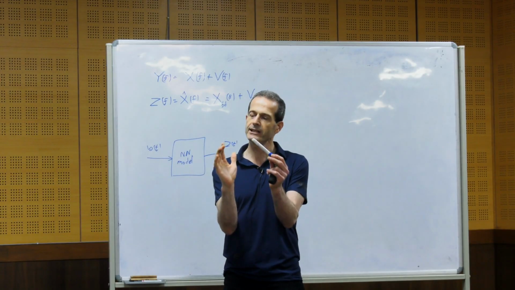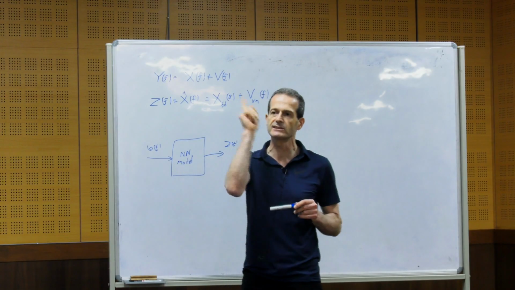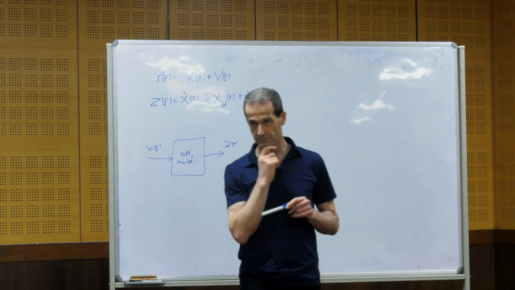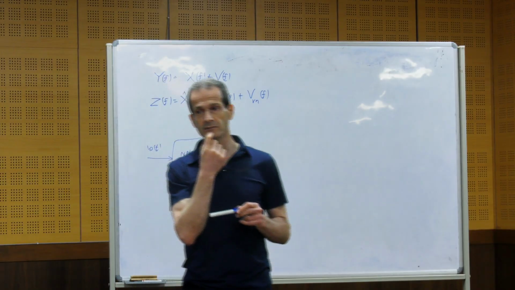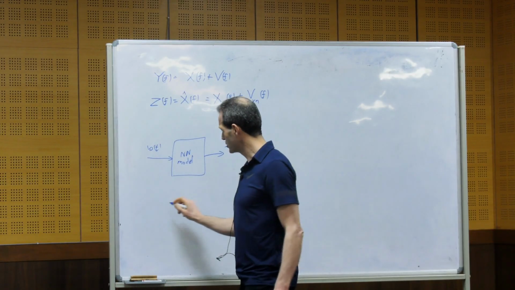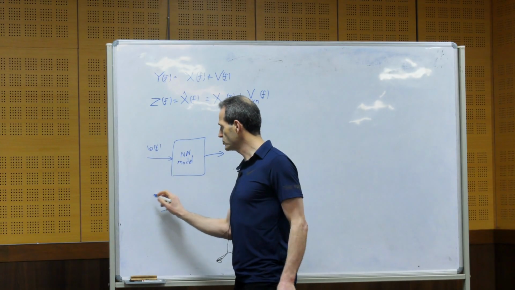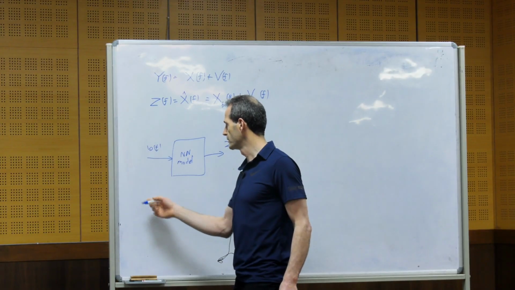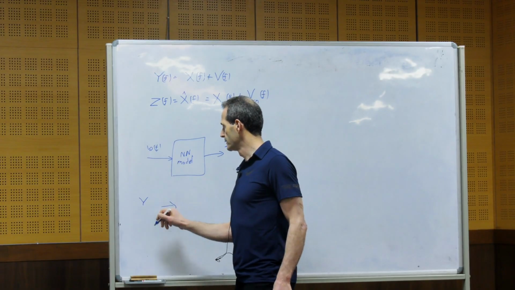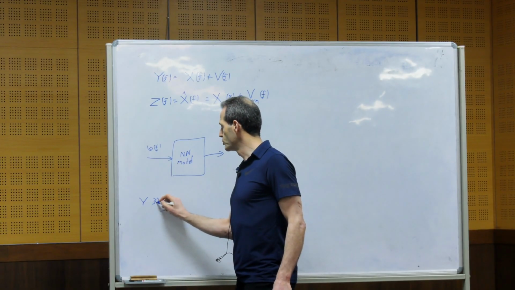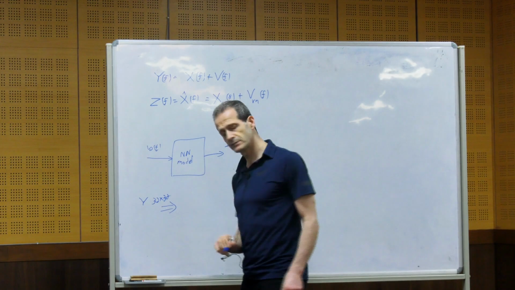So each image like this contains a single digit, which is nice. So we have classification. We have an image, let's say Y, that is 32 by 32 pixels.